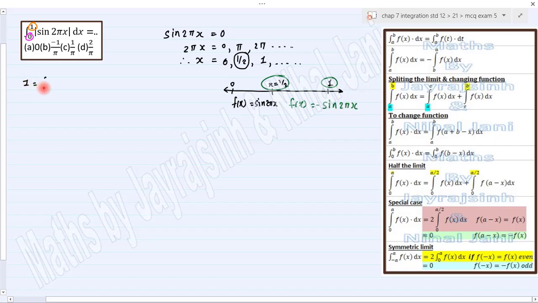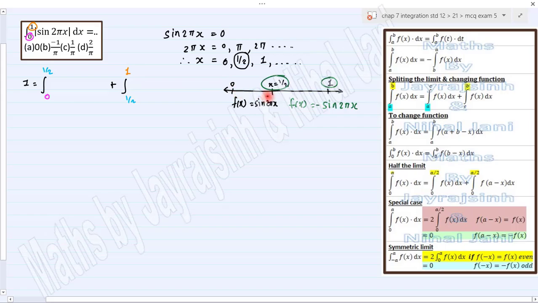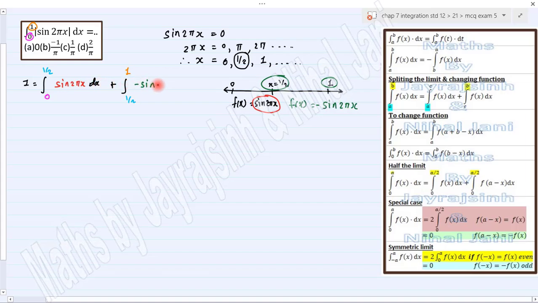So let's split our integration into 0 to 1 by 2 and 1 by 2 to 1. Between 0 to 1 by 2, your function will be sine 2 pi x. And between 1 by 2 to 1, your function will be minus sine 2 pi x dx.